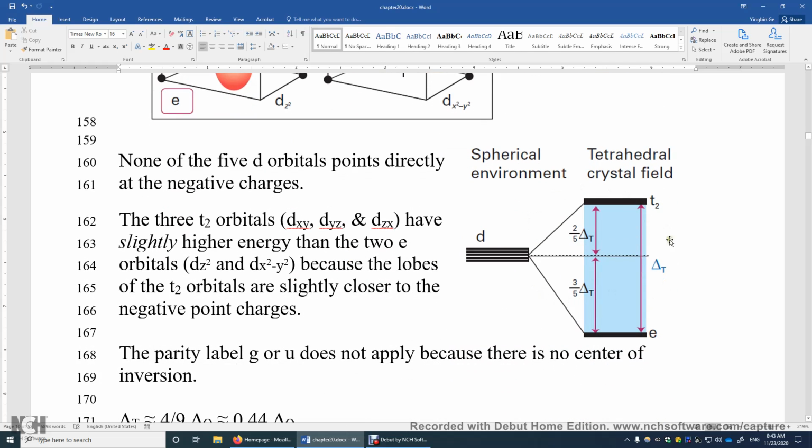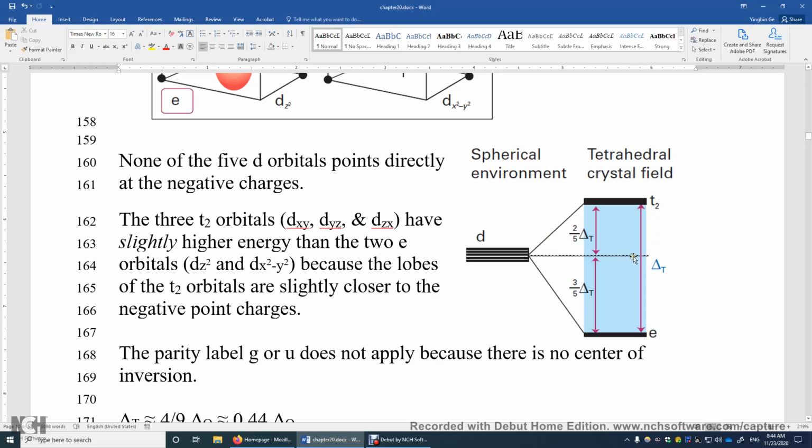So now you're looking at the energy diagram here. This is a free transition metal center. And now we put this free transition metal center in a tetrahedral environment. It's now surrounded by 4 ligands. And then the energy of the d orbitals splits into this higher energy T2 level and the lower energy E level. You have dz squared and dx squared minus y squared here. You have dxy, dyz, and dzx up there.